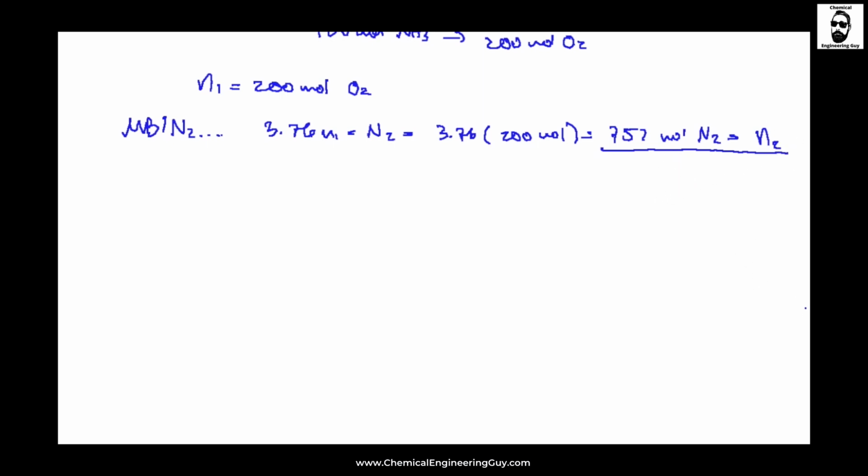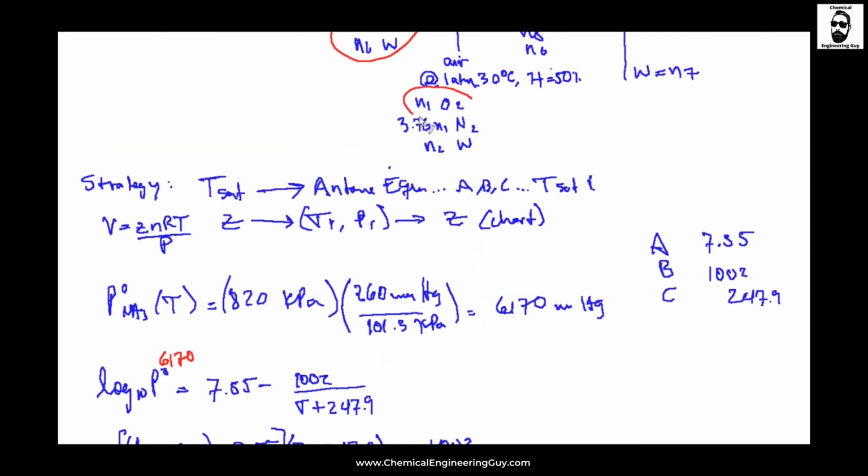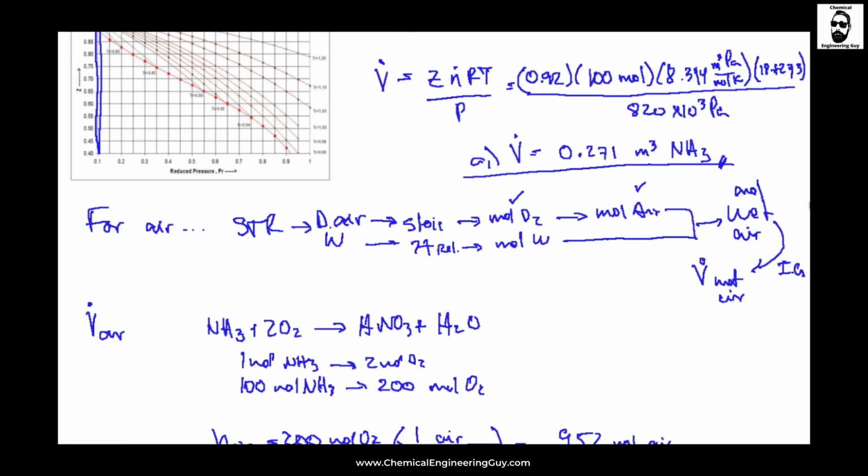Now, what else can we do? We got this here, we got this here. We need to calculate this amount of water. How? With this humidity. So let's go back. By definition, this is total pressure divided by the saturated pressure. You probably know this.